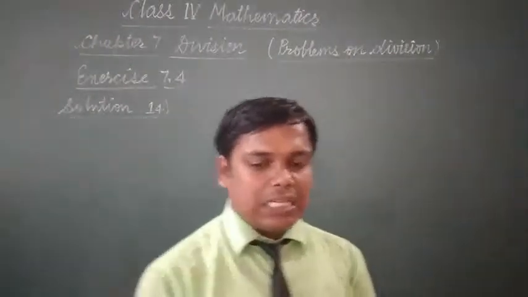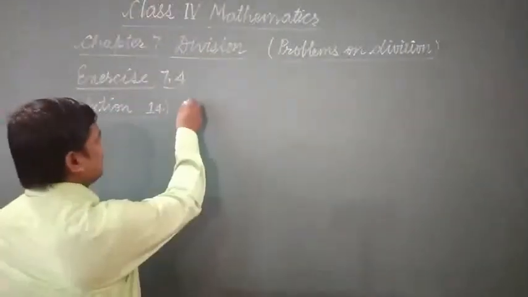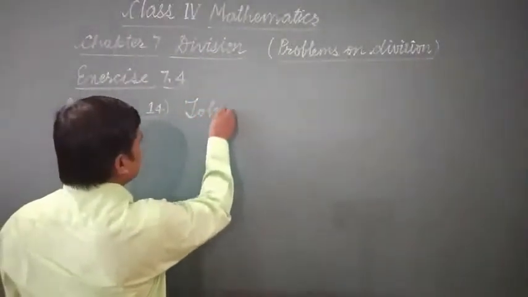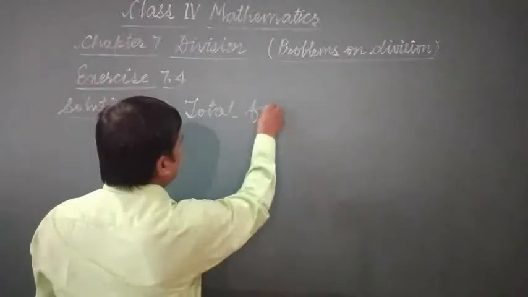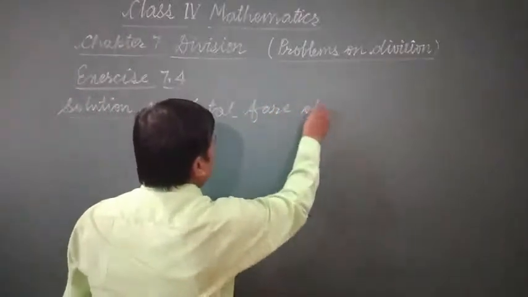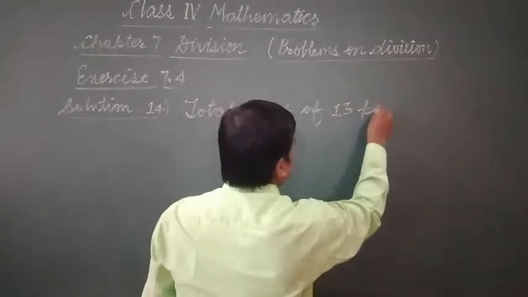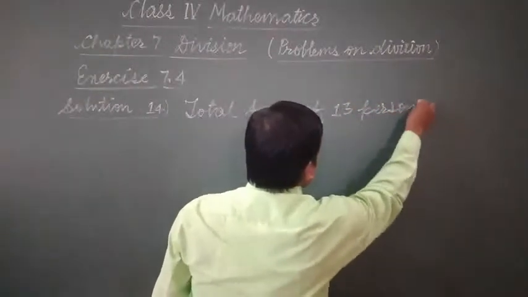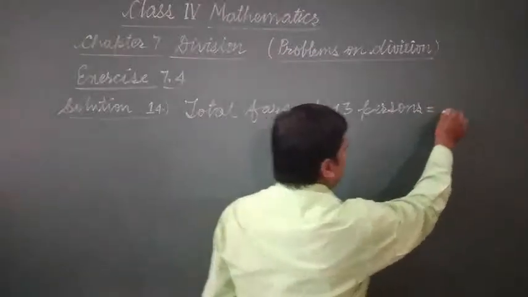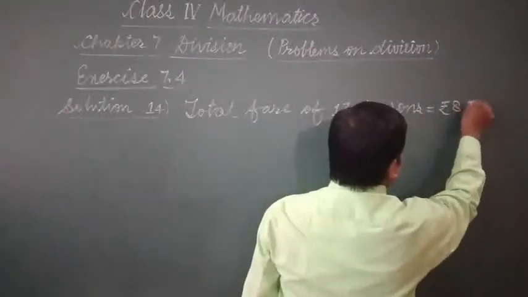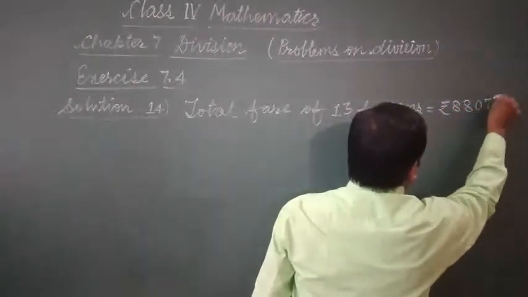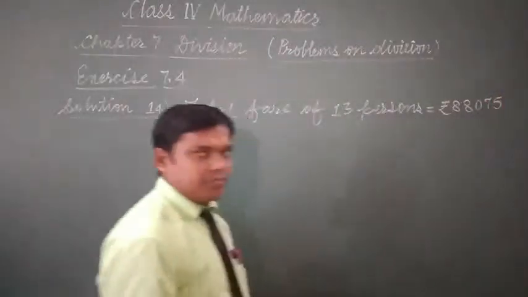So we will write like this: total fare of 13 persons is equal to rupees 88,075.